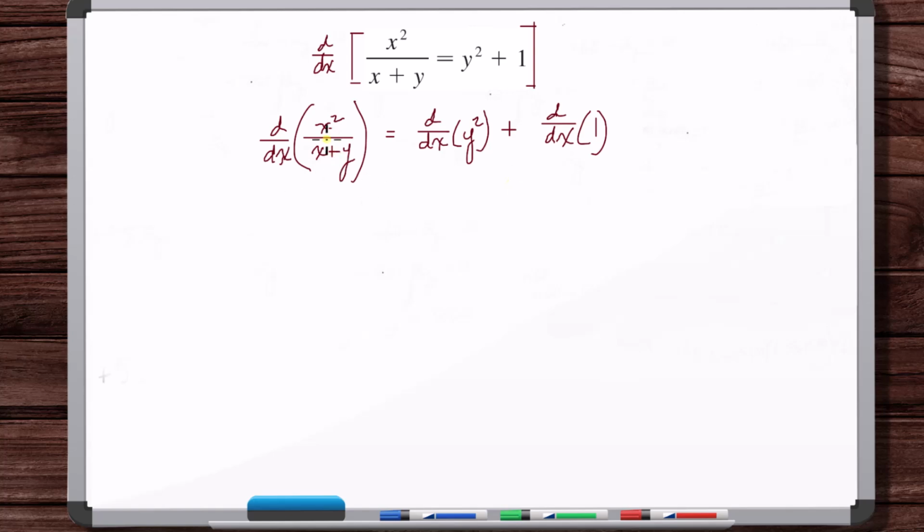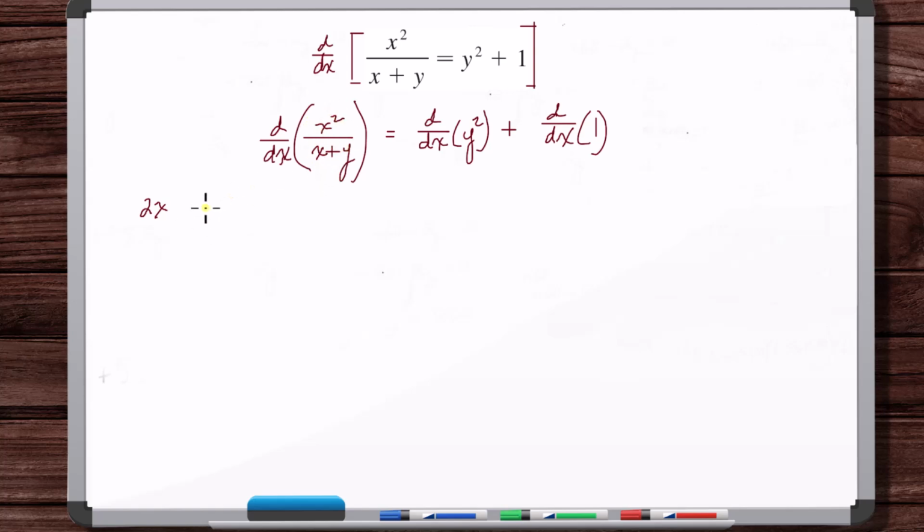So how do we take this derivative? Let's do this first. We need to use the quotient rule, because we have a function of x in the numerator and a function of x in the denominator. Y of x is just a function of x, so x plus y of x is a function of x.